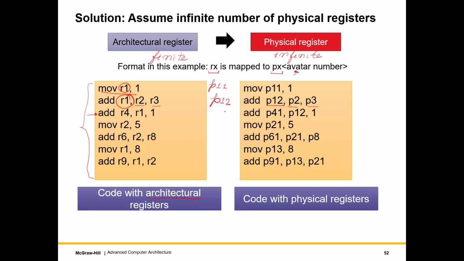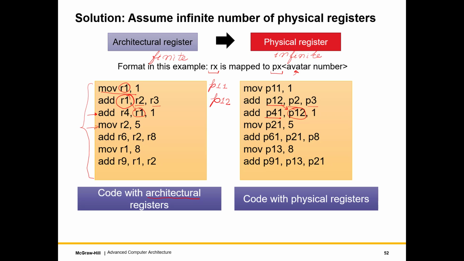Here we are using the value of R1. There is a read after write dependence over here. R1 will use the latest value that has been written, which is the current avatar, P12. So we use P12 over here. Since we are writing to R4, we create a new avatar of R4, which is P41, and we proceed.